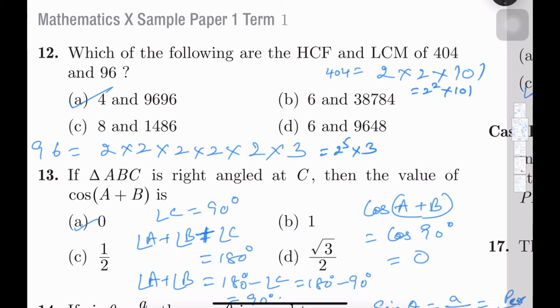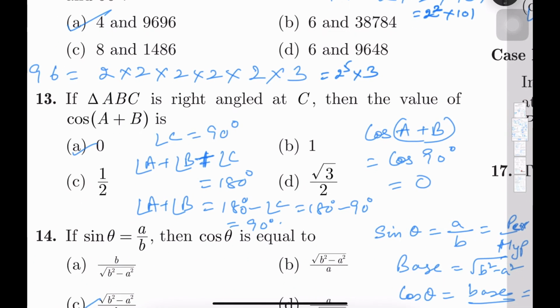So now what is common in both of them? You're having 2 square here and 2 square also there. So therefore 4 is common. So from the answers you're having only one option where 4 is there. So therefore 4, and you can check for LCM also. That is 101 into 2 to the power of 5 into 3, the answer will be nothing but 9696.